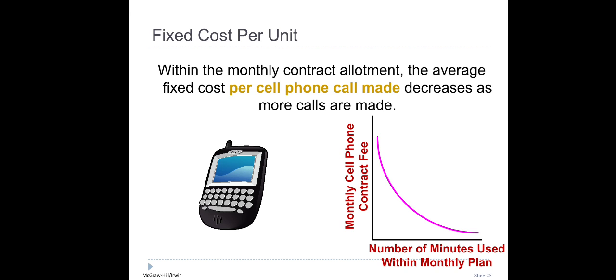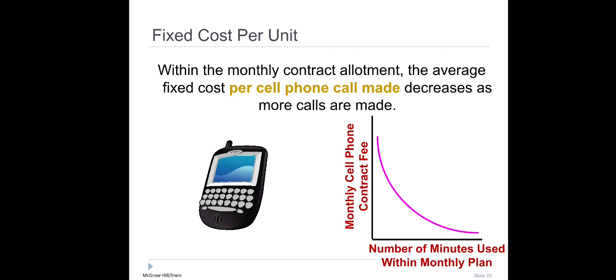But if you produce 2 units, now the unit fixed cost is $10,000 divided by 2. The answer is $5,000. So you can see the line drops very fast. And then if you produce 10 bottles, so 10,000 divided by 10, the answer is 1,000.